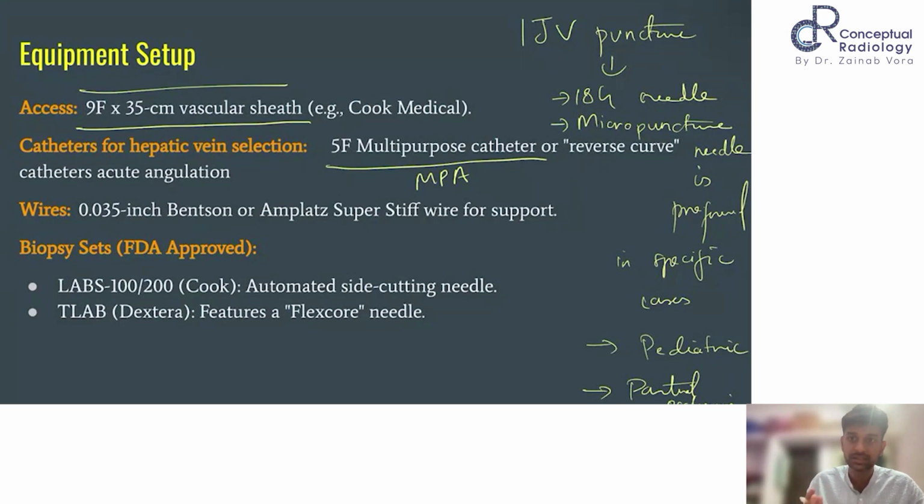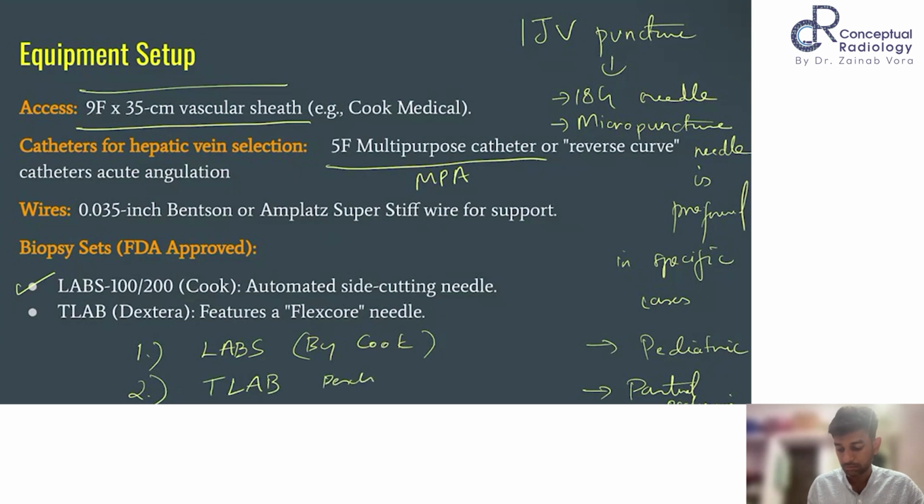There are two biopsy sets which can be used for TJLB. One is the LABS set, the liver access biopsy set by Cook. The second is the T-LAB set by Dextra. The advantage of T-LAB is that it has a flexi-core needle, which is said to conform more to the vessel angulation compared to the LABS set.